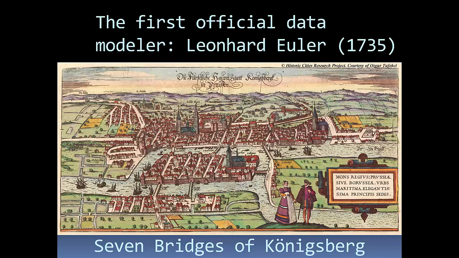So he did something really interesting. He considered this a mathematical problem, and rather than look at the city and think about ways to do this, he did something really neat.